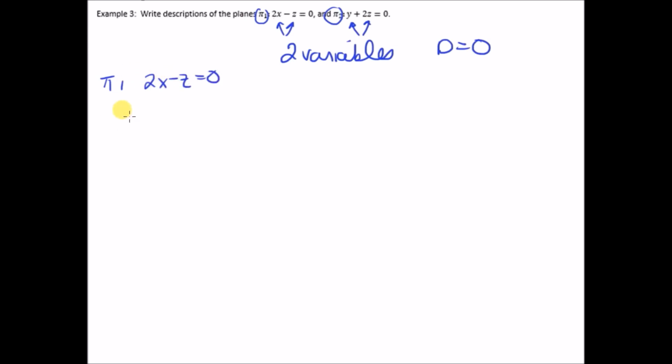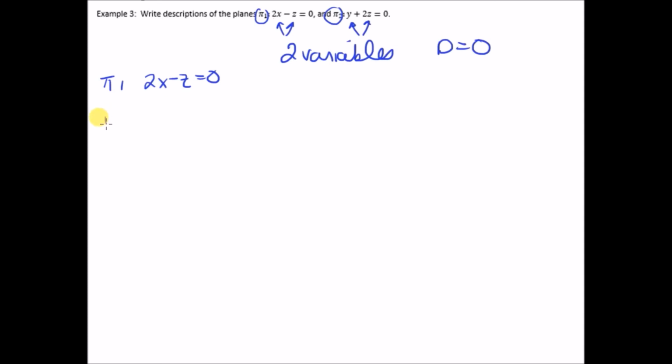The question asks us to write descriptions of plane 1 and plane 2. In both of these situations, we have two variables, and in both situations, d equals 0. So let's deal with plane 1 first. We have 2x minus z equals 0.